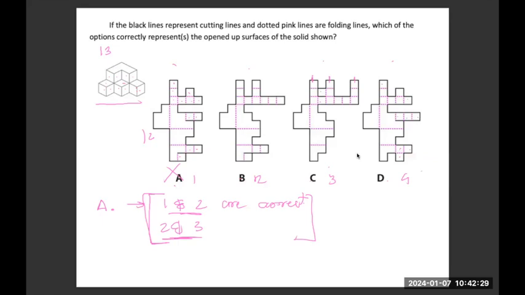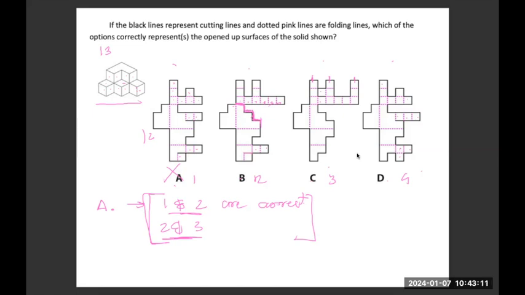Now what should I do? A I eliminated. For the next option figures B, C, and D, I will look at how the folds will be happening. This one folds and comes up here, so this surface is taken care of. This part will come here, this part will come here, and this part will come here. So this is taken care of. Then this cut goes up, and this fills in the top part. So the 3 dimensions of the L part are also taken care of.